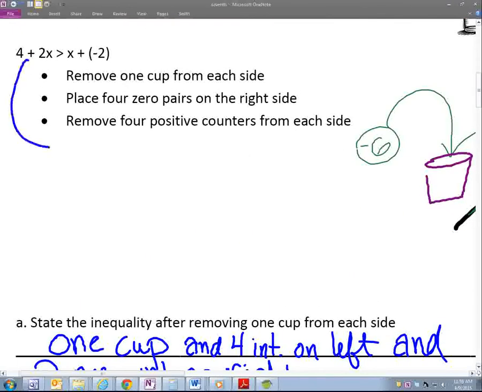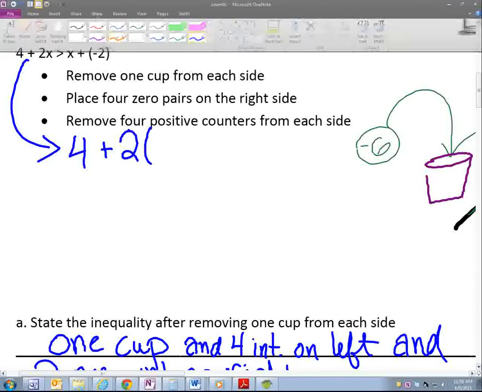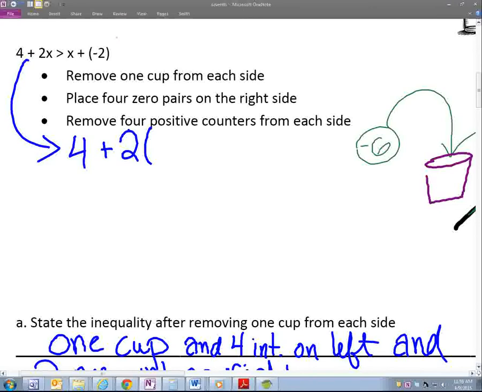So here's the less than -6. What's a number that's less than -6? Somebody raise your hand. Nope, that's greater than. Gina? -7.